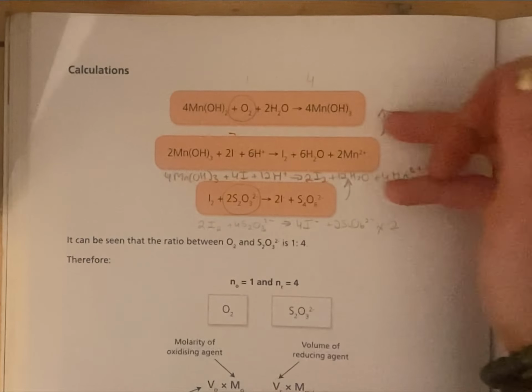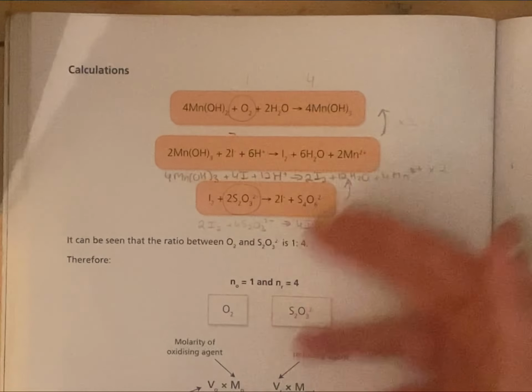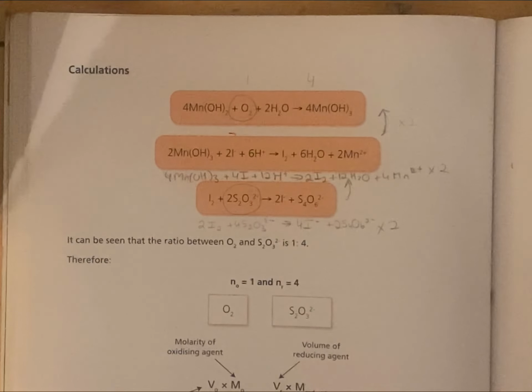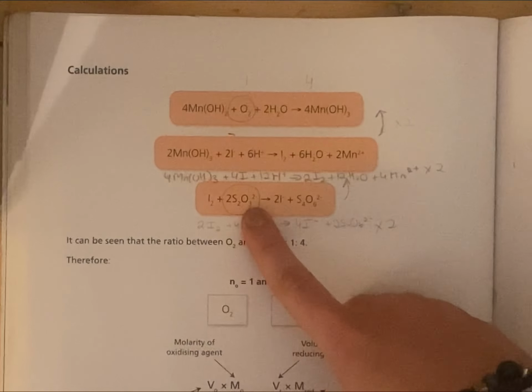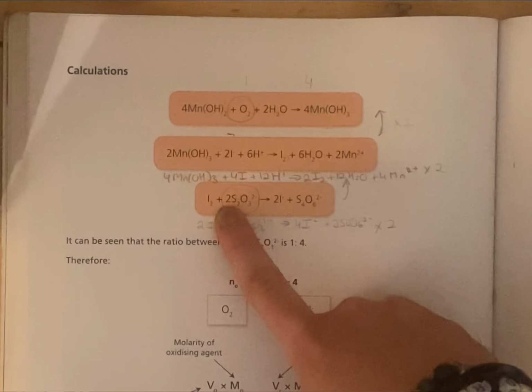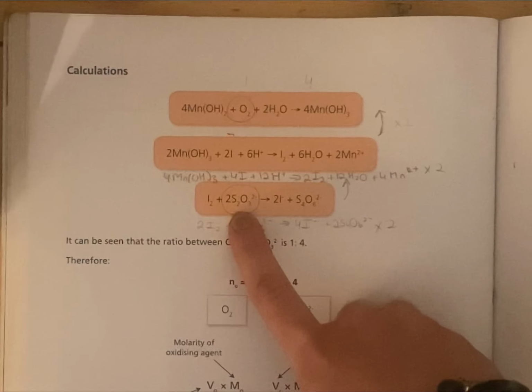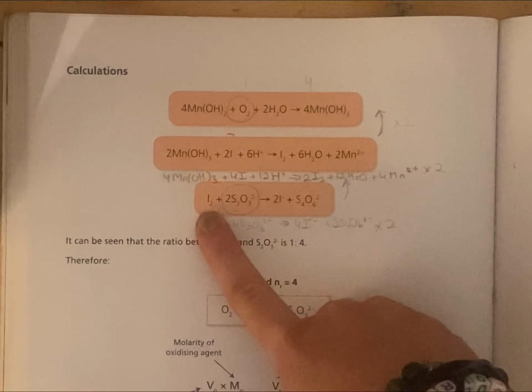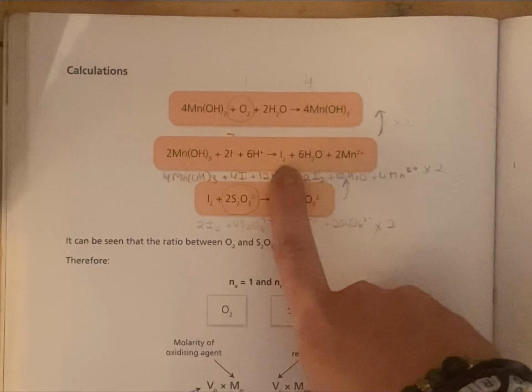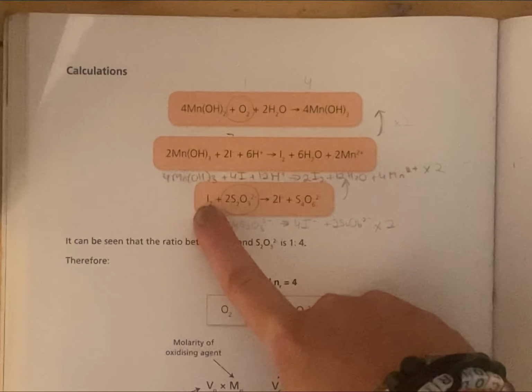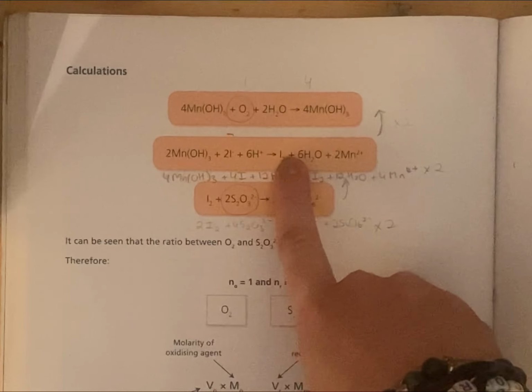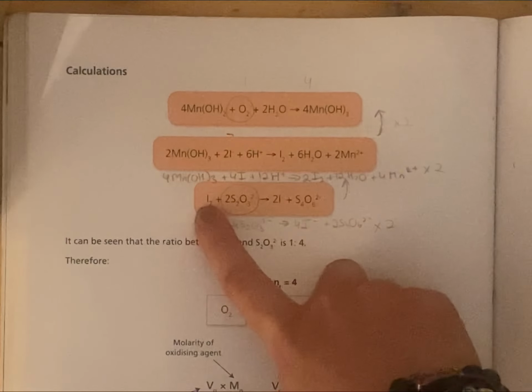To do that, we look at the equations and we work with the 3 equations at once. If we start off here, we have a 2 linked to the sodium thiosulfate. What I'm going to do is look for the iodine. I know there's iodine up here, and the number in front of this iodine and the number in front of this iodine is the same, so I can go directly up.